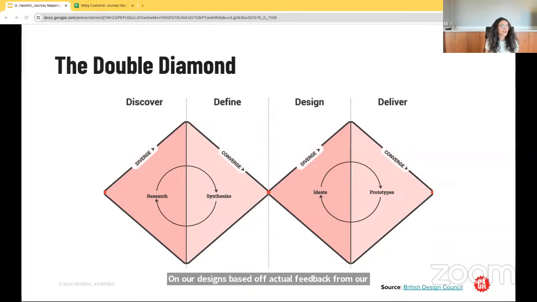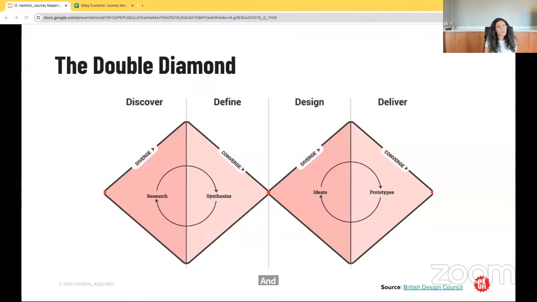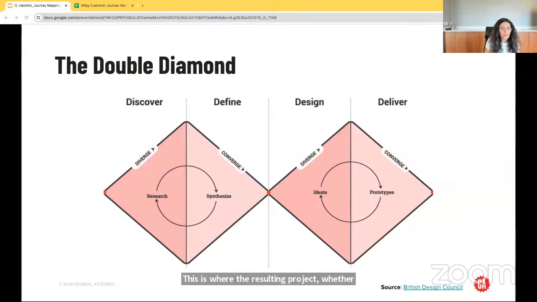So this is really a process of trial and error, and it helps us as designers to improve and refine our ideas. And then finally, we have the deliver stage, and this is the final quarter of the double diamond. This is where the resulting project, whether it's a product or a service, for example, this is where things are finalized, this is where things are produced, and this is where things are launched.